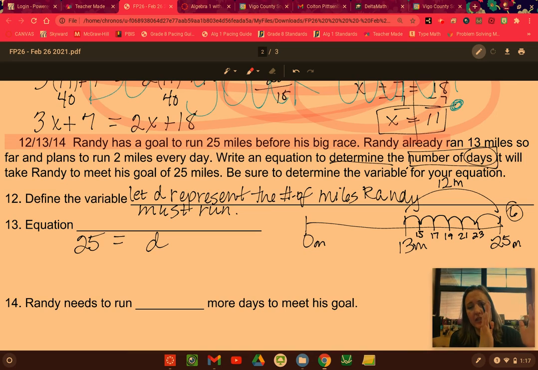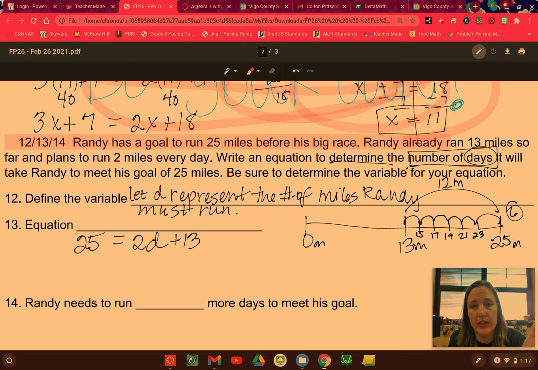And then the other stuff that he's doing is going to have to equal that 25 because that's the big goal. Well, he has already run 13 miles, right? He's already done that. But added to that 13, he's going to have to go some amount of days and he's going to run 2 miles per day. Okay. So I have to figure out how many days that is.